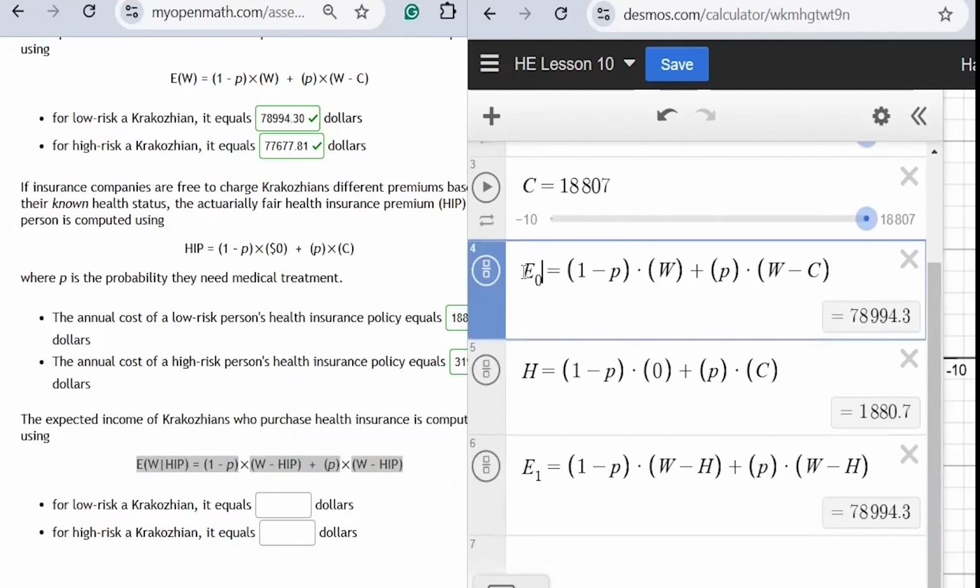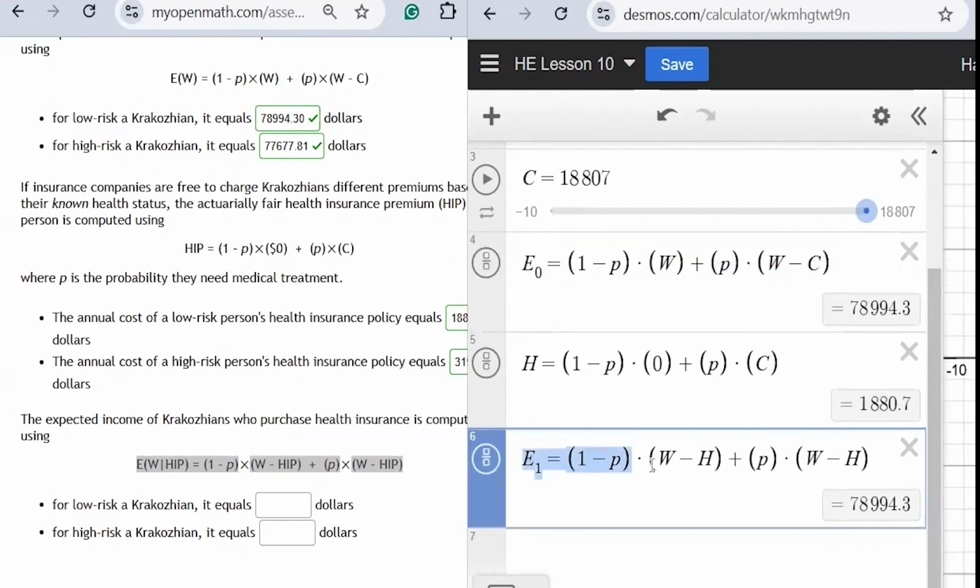So this is the expected value of somebody who's uninsured, and this is the expected value of earnings for somebody who is insured. So in a month where they paid the premium and they got their earnings, if they don't need the procedure, they net W minus H. In a month where they need the procedure, again, they're not paying the cost. They're paying an insurance premium each month.